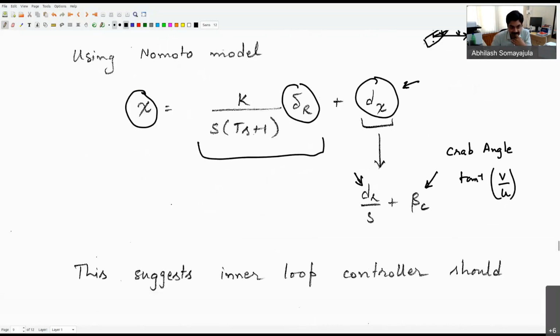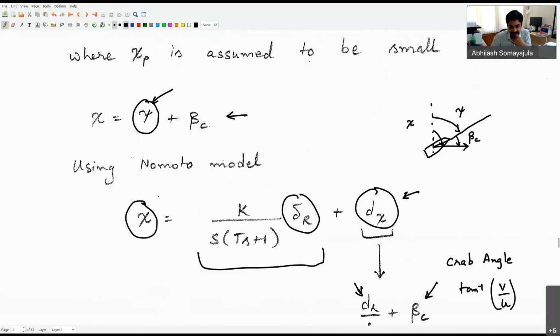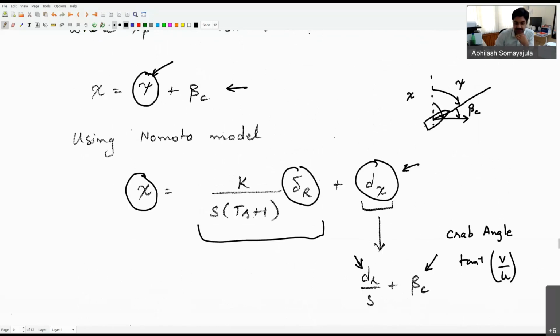Now, this suggests that we can do our cascading effect. Why? Because we see now that our delta is going to control our chi, which is our course angle. But what we really want is our cross-track error to go to 0. We don't want to be on the same course angle, but we actually want to be on the path.